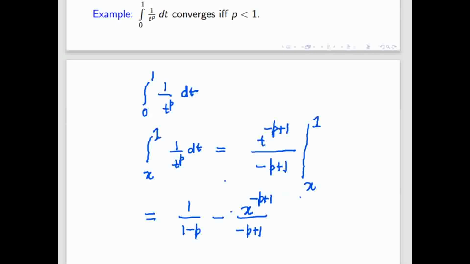Here p is less than 1, so minus p plus 1 will be positive, so this power of x tending to 0 will be 0. So we'll get 1 by 1 minus p.